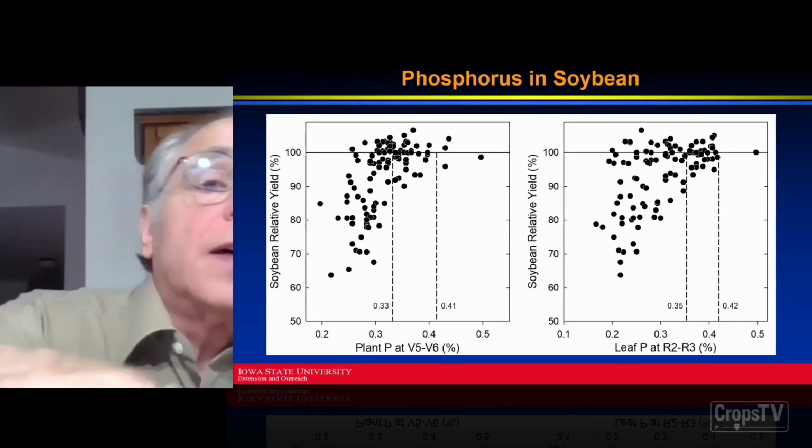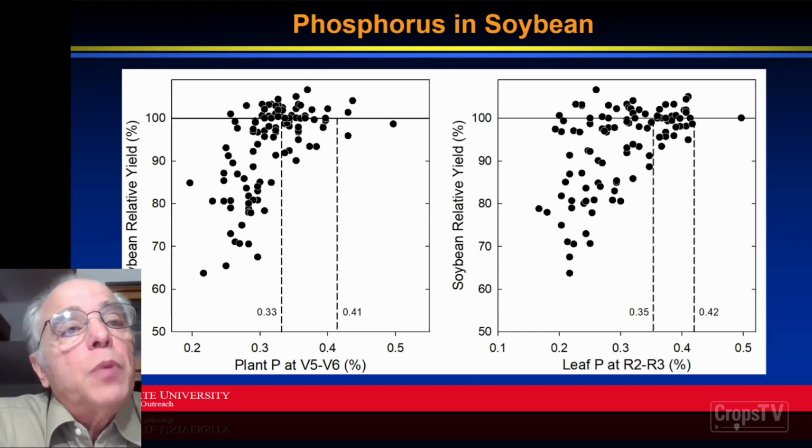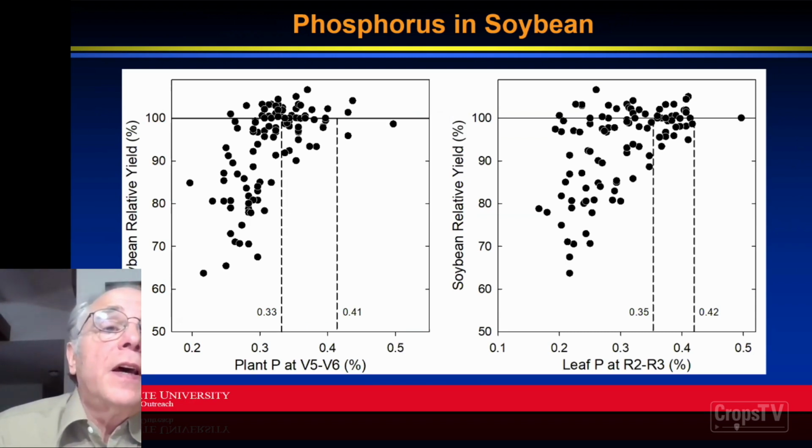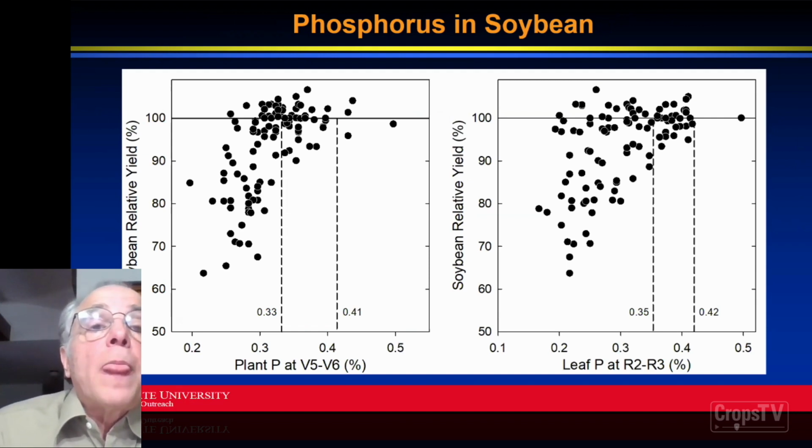Now this is the data that we used for that. Each point in these graphs is a trial in some year, in some different field. And what we have here is how the plant phosphorus concentration at V5, V6 and the leaf phosphorus at R2, R3 relate to the soybean yield response.